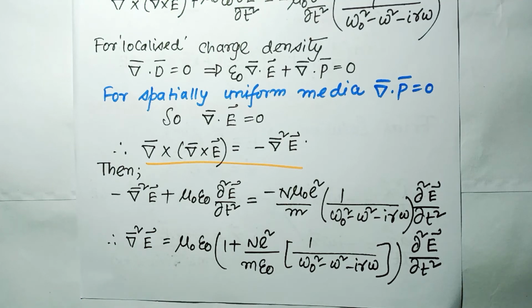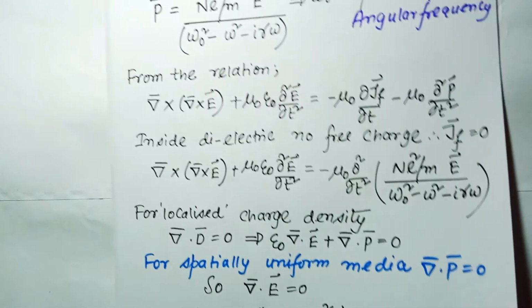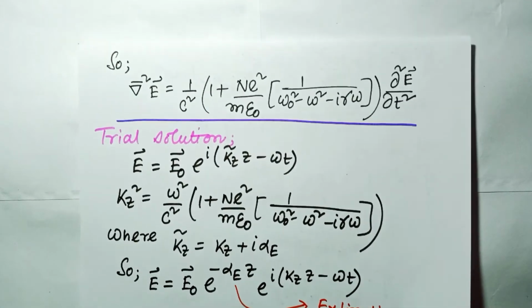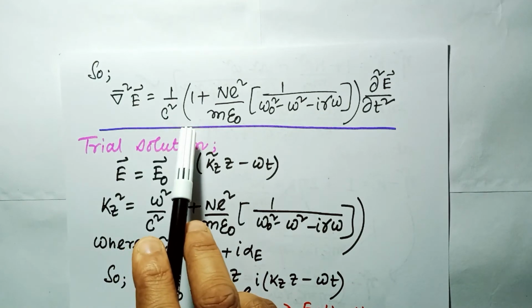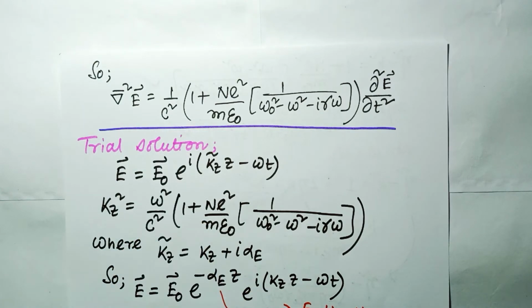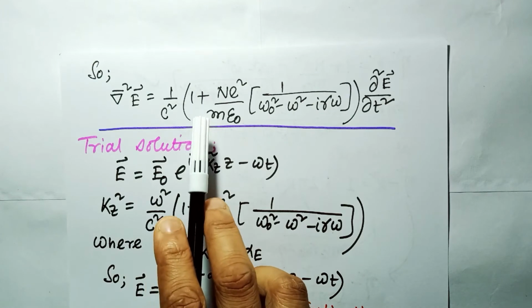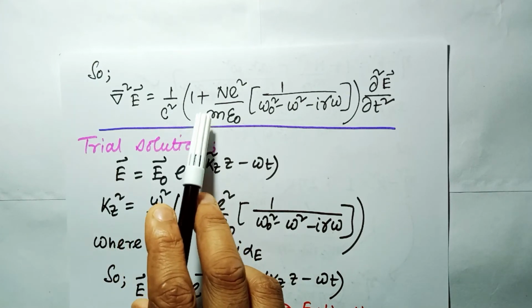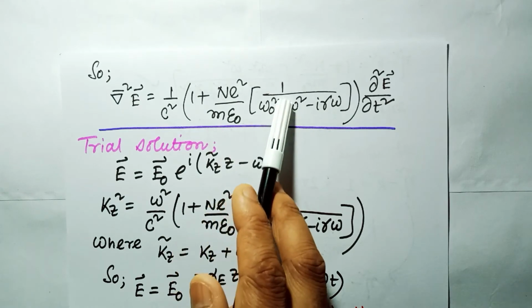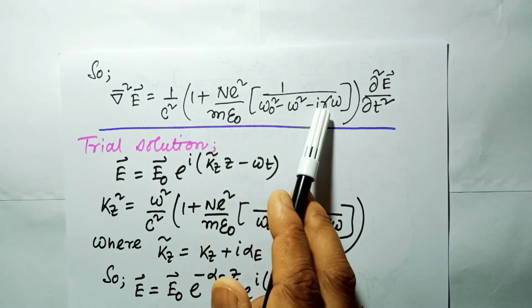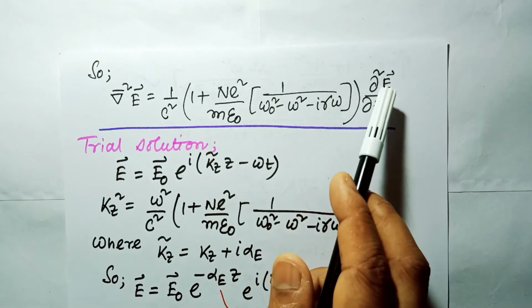So we can take a trial solution. Grad square E is equal to 1 by c square, since we can write mu naught epsilon naught as 1 by c square, times 1 plus n e square by m epsilon naught times 1 by omega 0 square minus i gamma omega, whole multiplied by del 2 E by del t2.